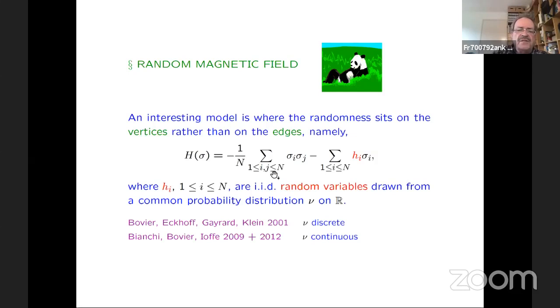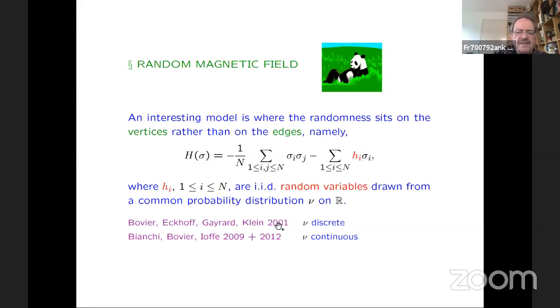The very first is where I do everything on the complete graph, but I make my external field random. So I'm putting the randomness, let's say, on the vertices rather than on the edges. So the interaction is everywhere, but I'm assigning i.i.d. random variables to the vertices, and then I run my dynamics.